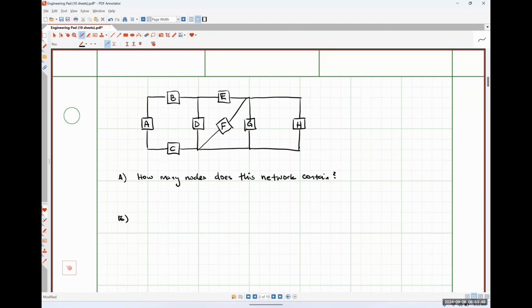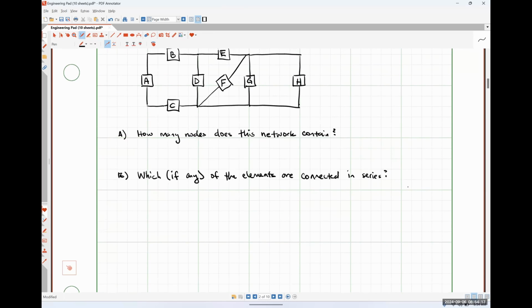Then I want us to answer which, if any, of the elements are connected in series, and lastly, which, if any, of the elements are connected in parallel.